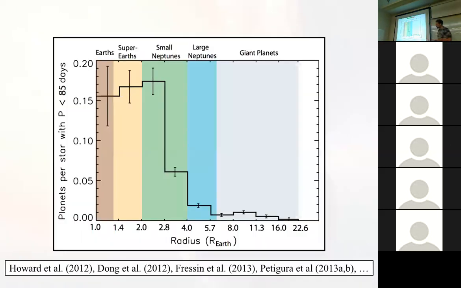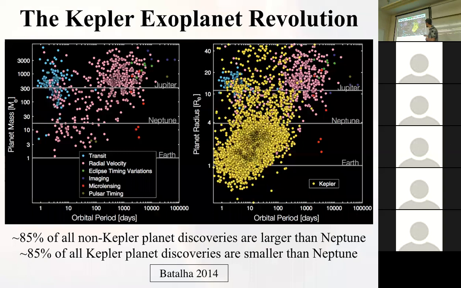So I'm skipping a lot of steps here, but one of the main lessons that we've learned from Kepler can really be summarized in this plot. And that is that you can turn these detections that you see here into an occurrence rate. You can say, okay, this is my detected sample of planets, but if I look at any other star other than the Kepler field, how likely is it that I will see a given planet around that star?